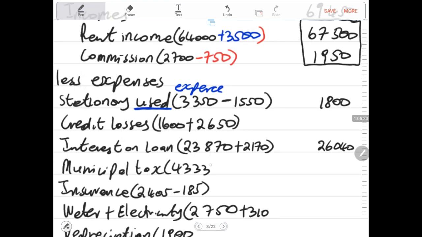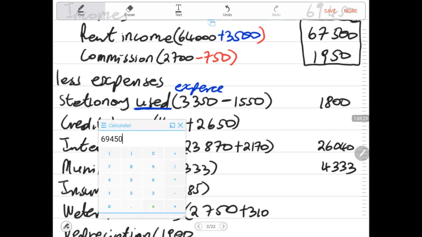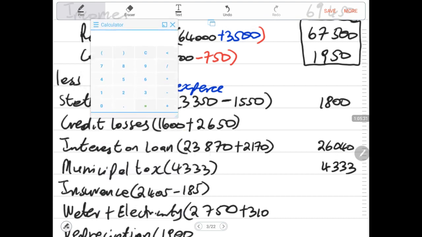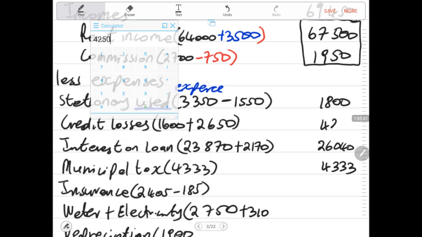My total expenses, we have 4,333. Another one is 1.6 plus 2,650, which is 4,250.